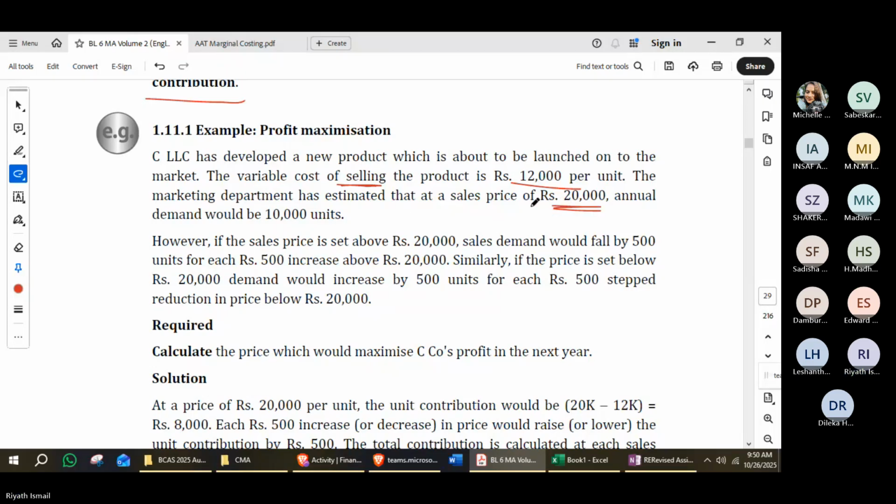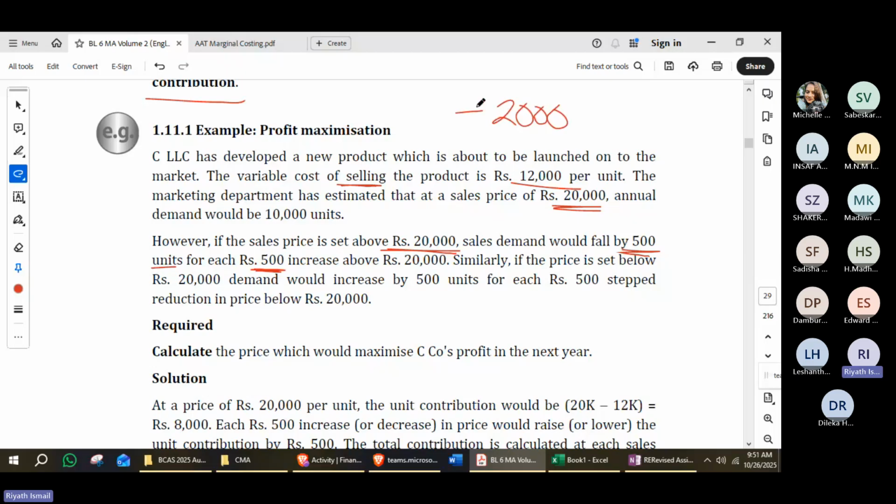However, if the sales price is set above 20, sales demand will fall by 500 units for each increase.